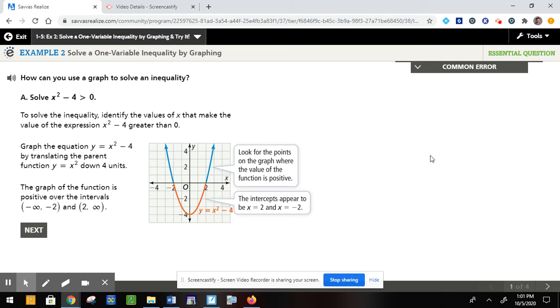So those are the two intervals. Everything in between is below. So x squared minus 4 is greater than 0 when the x value is less than negative 2, or when the x value is greater than 2. Okay. Again, you could figure this out algebraically, but this is how you would do it looking at a graph.